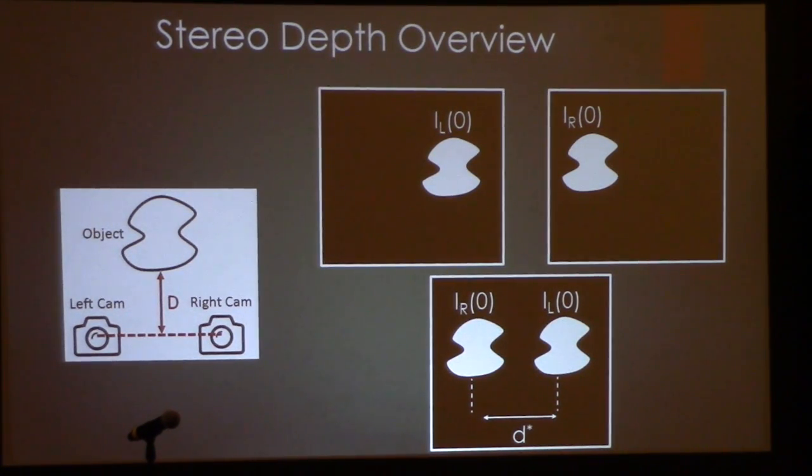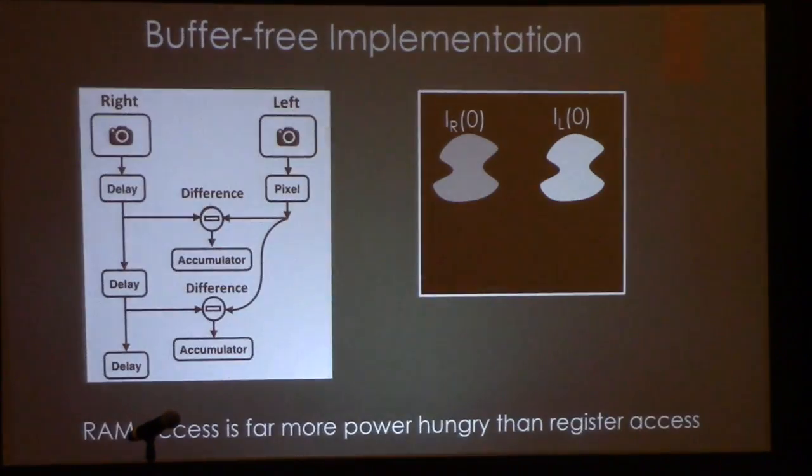So we did some optimization on top of that traditional algorithm to bring the power consumption down while keeping the accuracy as high as possible. The first trick that we did was a buffer-free implementation of the algorithm. Traditionally, people store the left and right photos in RAM, and after the photos are stored, they process the data and access RAM to extract the depth.